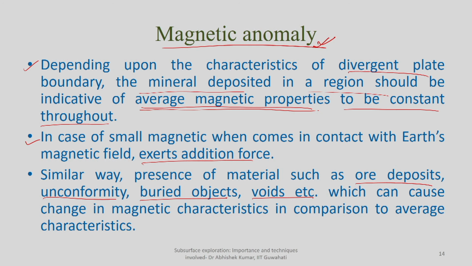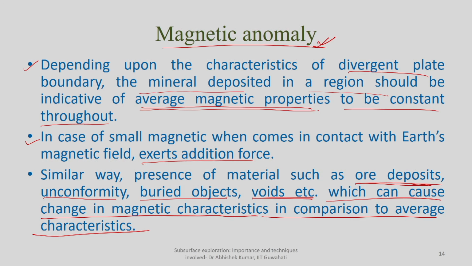This slightly different value may be possibly an indication of some change in the subsurface medium because of additional material present, or reduction in the material present at this location, maybe because of discontinuity, void, or buried object, which are actually exerting an additional influence on the magnetic forces available at that particular site of interest. So, which can cause change in the magnetic characteristics in comparison to average characteristics.